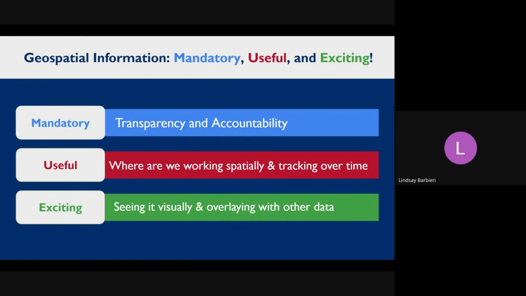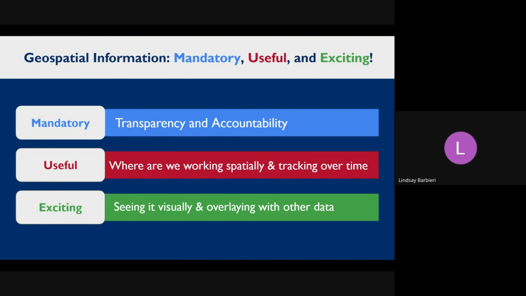It's useful, of course, to think about and to know where we are working spatially and tracking over time. As Larissa just really well summarized before, when we talk about our natural climate solutions, what forests we're working in to conserve, what areas and lands we are managing and tracking over time is really useful to know.